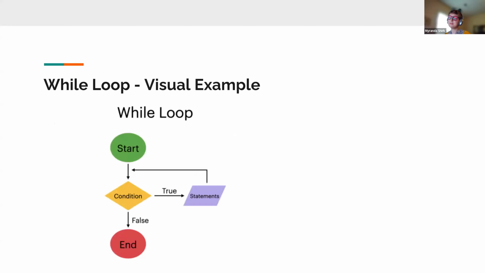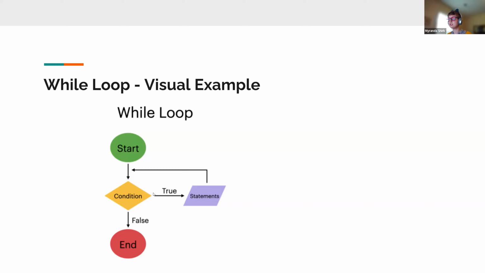Words don't really make a whole lot of sense when you're trying to think about code sometimes. So I have this visual example for you. Let's say we have this while loop, and we're going to start the while loop. It evaluates a condition. So let's say we just have something true or false. We set something to true or false. So while A equals true, evaluate this condition.